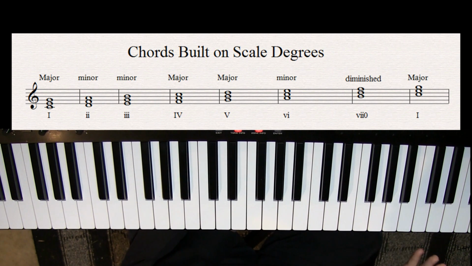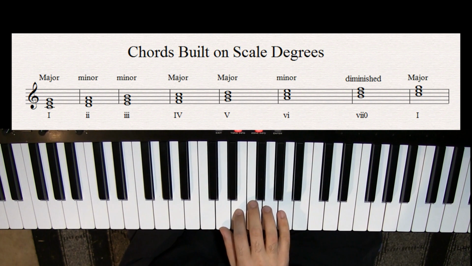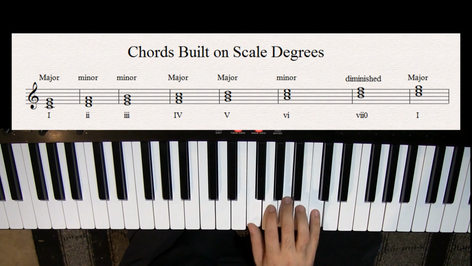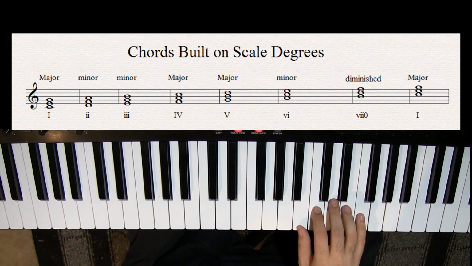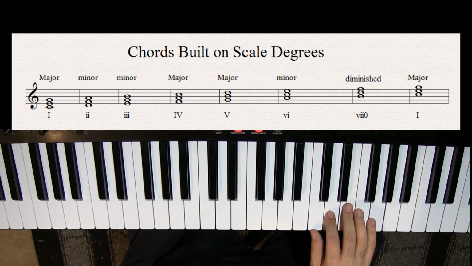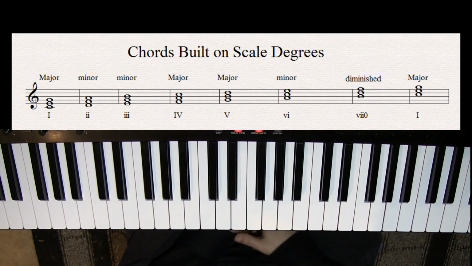No matter what note you're starting on, the first scale degree will always be major, and then 2 and 3 will be minor, 4 and 5 will be major, 6 will be minor, 7 will be diminished, and the octave will be major. So just keep in mind that that holds consistent no matter what scale you're talking about.